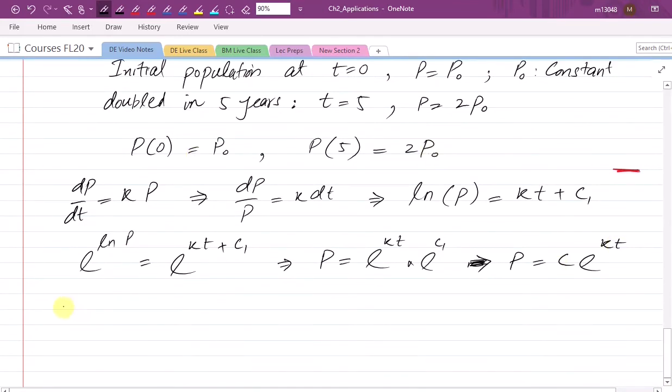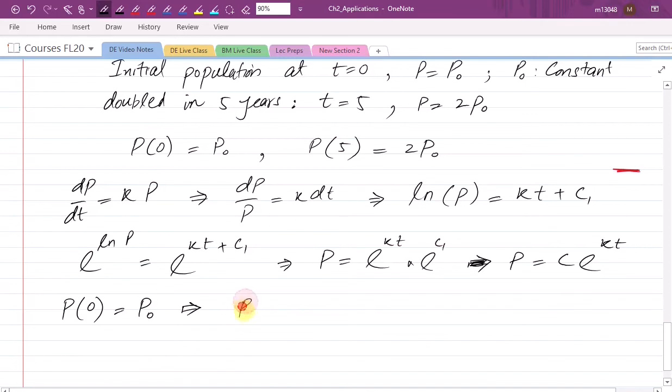We can use them to find these unknowns. And once again, remember that P naught is a known number. Let's say the initial population was 10,000. So P naught is like that number. Okay, it looks like a variable, but it is not.